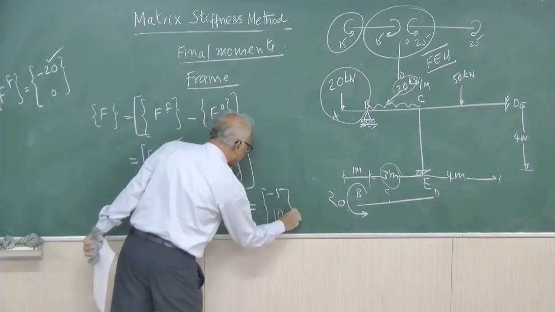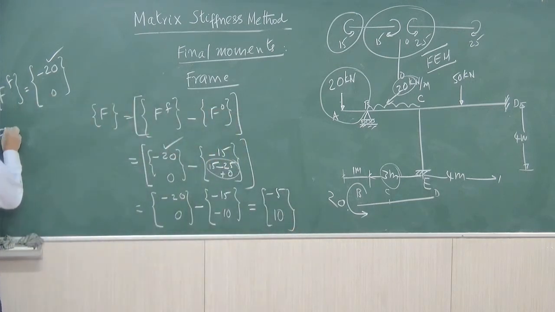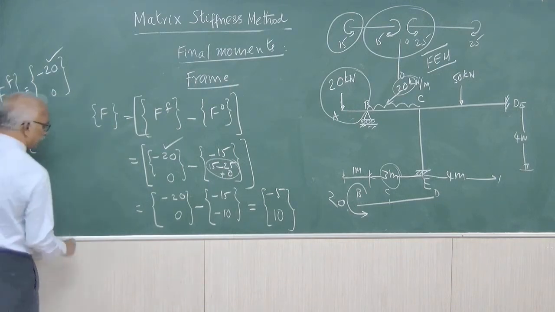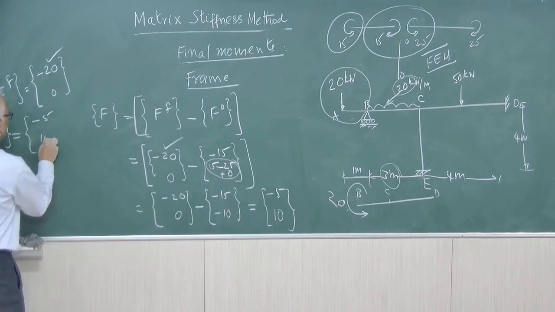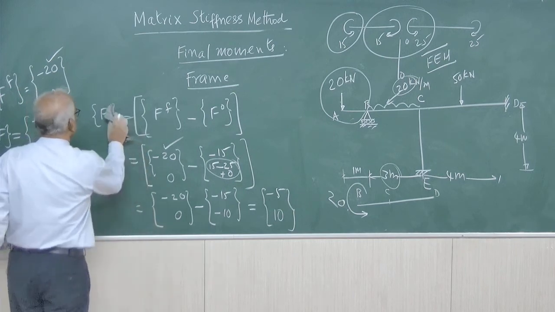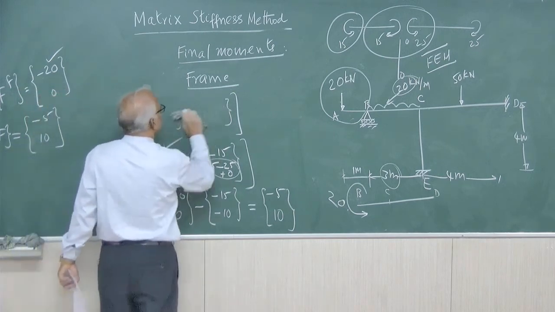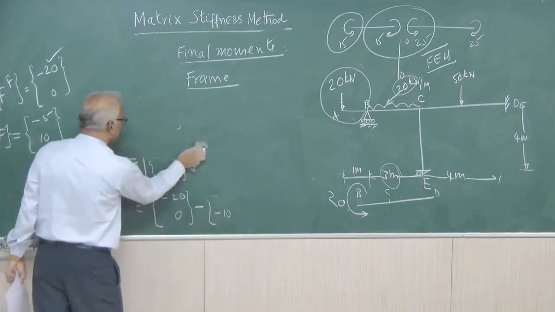So this is the right hand side. So right hand side F equal to minus 5 and 10. I am writing here and there because since you know the problem you can understand, and I want to finish in a very short time. So this is about the right hand side.